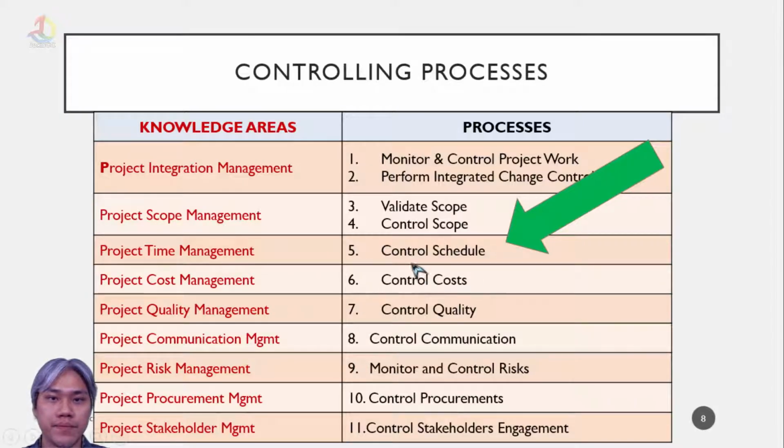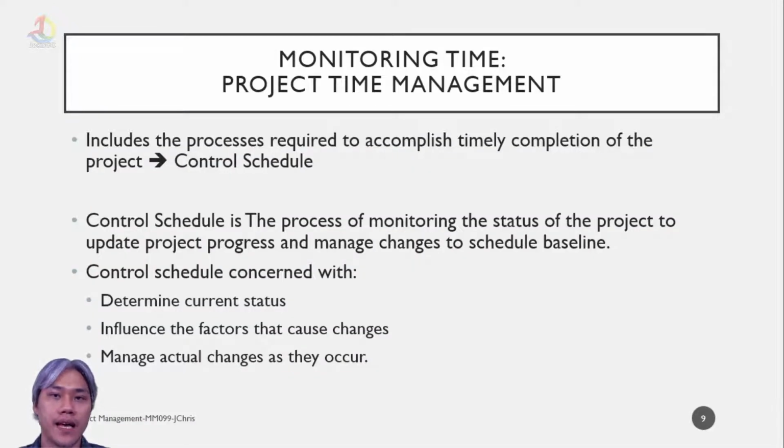The process itself is called control schedule. So the knowledge area is project time management in the controlling process. Project time management includes all the processes that are required to accomplish timely completion of the project.